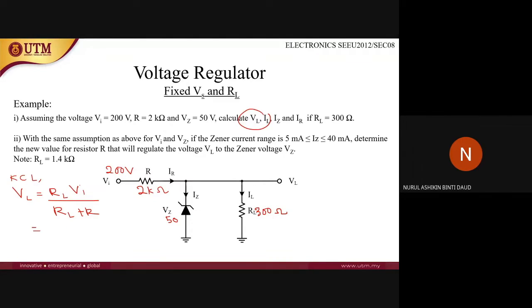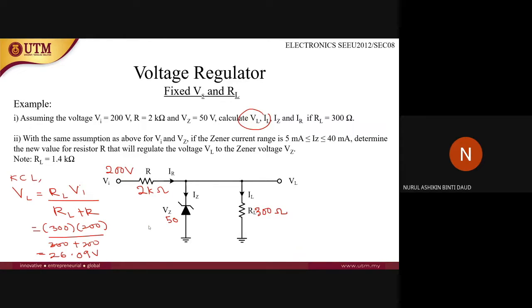So RL is 300, VI is 200, and 300 plus 2000, then you will get 26.09 volts. So that is the value of VL.